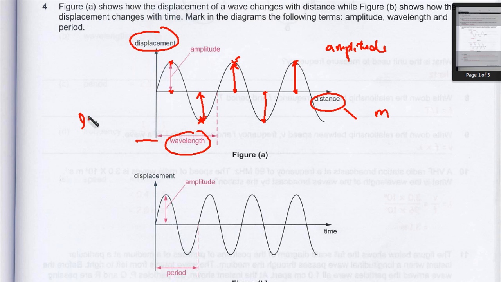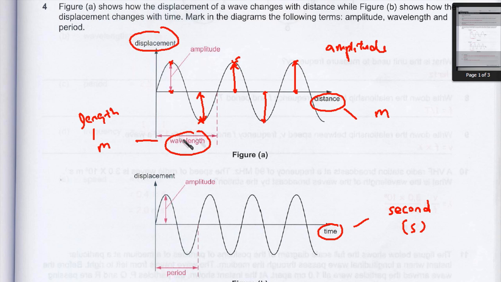We are trying to find the length, and we know that the SI unit for length is meters. So to find the wavelength, you have to find it in this graph. You cannot find wavelength in the second graph, because the axis over here is time, and for time, the SI unit is seconds.